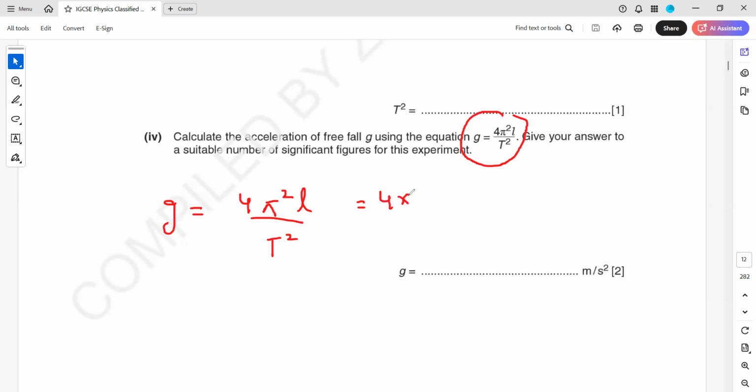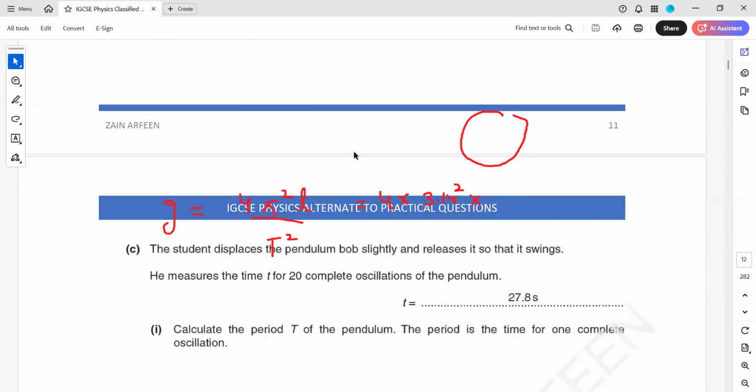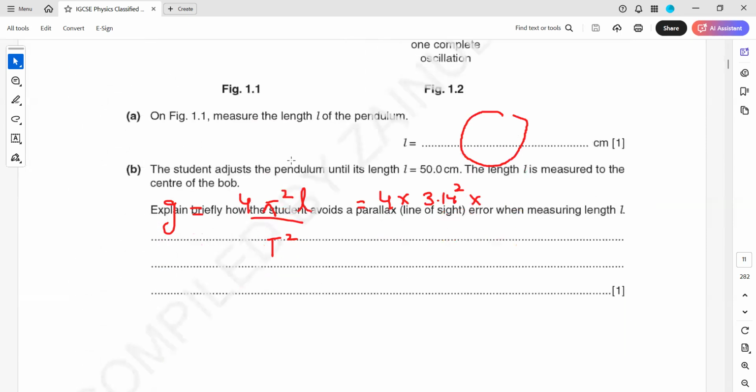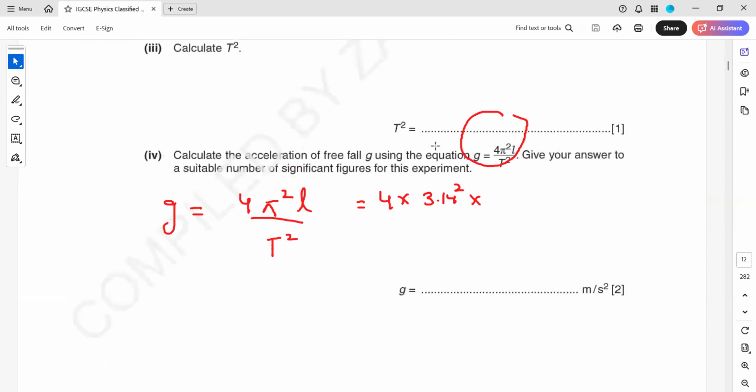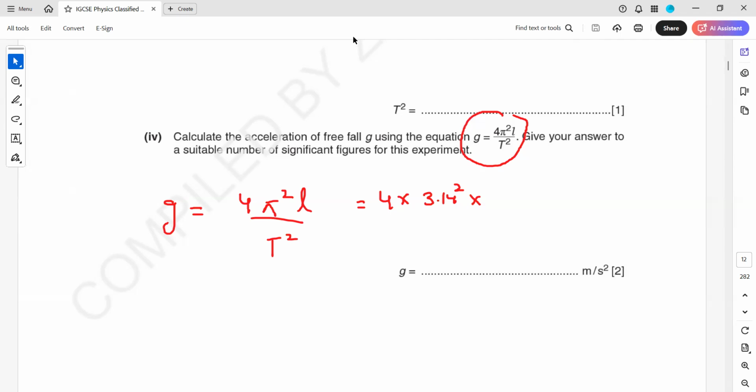What is the value of pi? 3.14, squared, multiplied by L. What is the length of the pendulum? 50 centimeters, but it should be in meters because the final answer is in meters per second square, so 0.5, divided by T square. What was T square? It was 1.93.